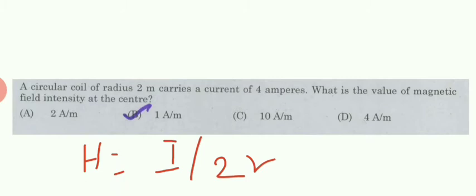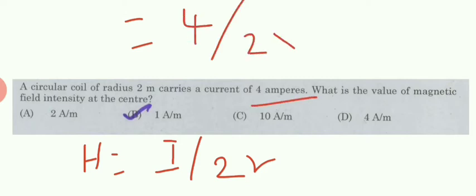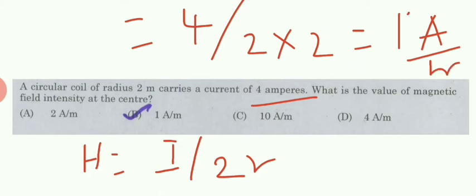I is a current flowing through a disk, and R is a radius. So I is equal to 4 ampere, 2 into R, radius of the coil 2 meter. So it is 1 ampere per meter, because H is given by ampere per meter. So option B is the right answer.